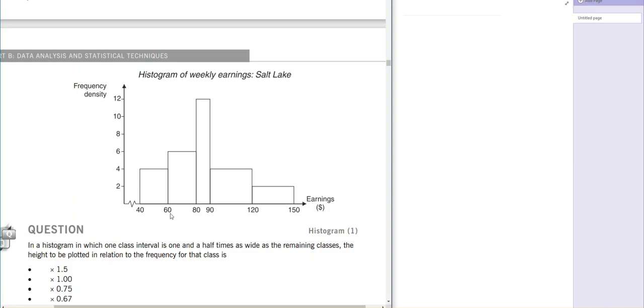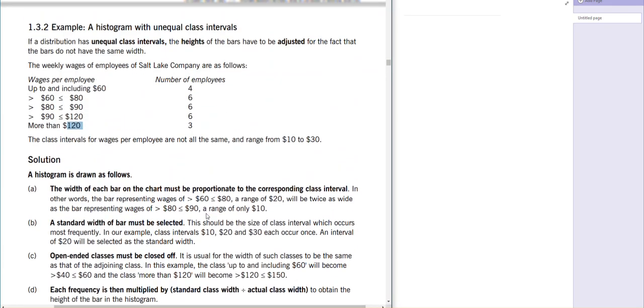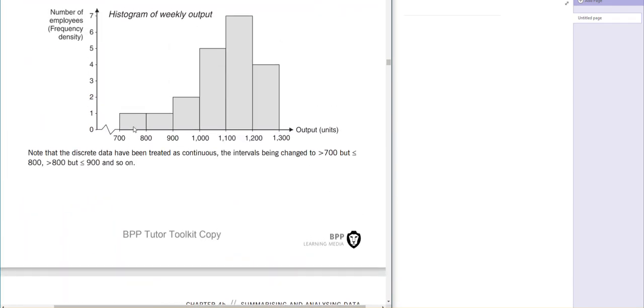In this example, we have 700 to 800 and 800 to 900, with 1 frequency for both. Let's assume this was 700 to 800 and this was 800 to 850. Then this bar would be half the width, and the height would be double.